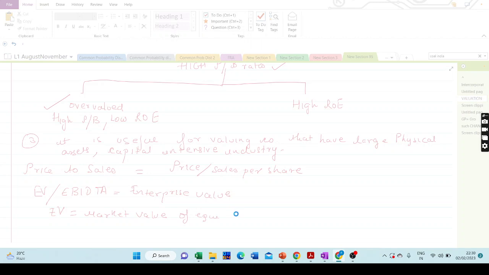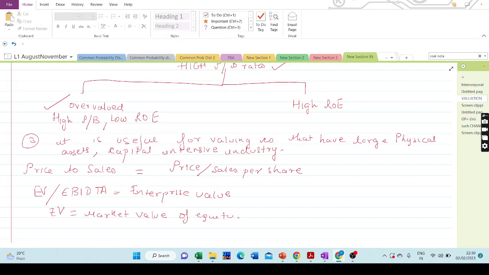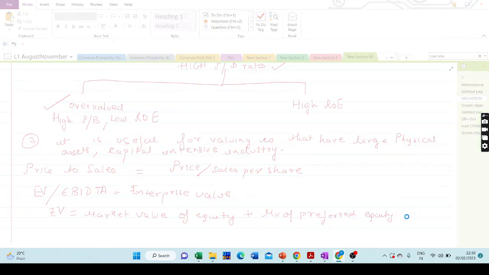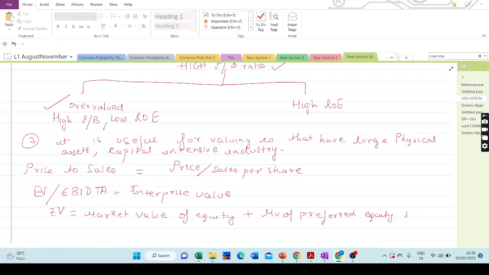Please write this down: market value of common equity plus market value of preferred equity plus market value of debt, minus cash reserves, minus cash and cash equivalents.